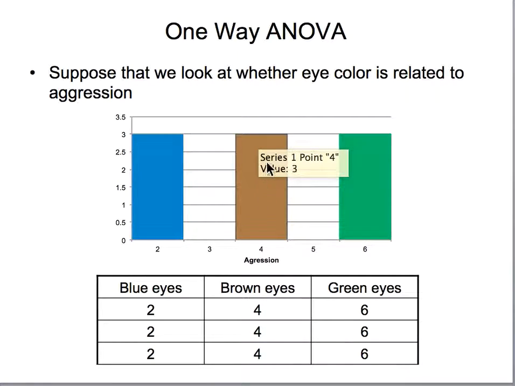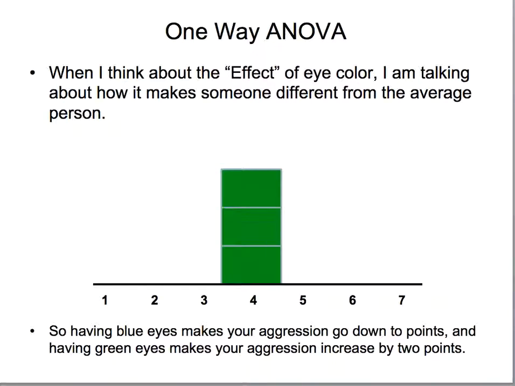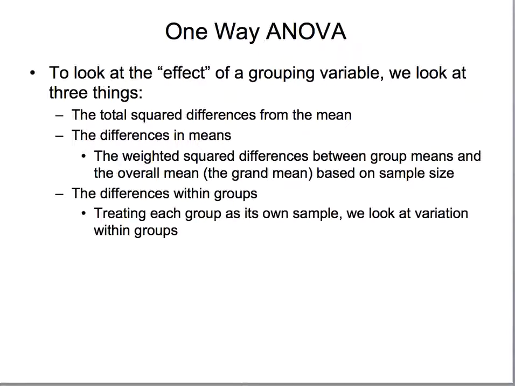The effect of having brown eyes is that you are exactly average. There is no brown eye effect. The effect of green eyes is that you are 2 points more aggressive than the average. And notice in all those cases, I'm referring back to the overall average. And that's what the ANOVA is testing, whether or not you are the same or different than the overall average.